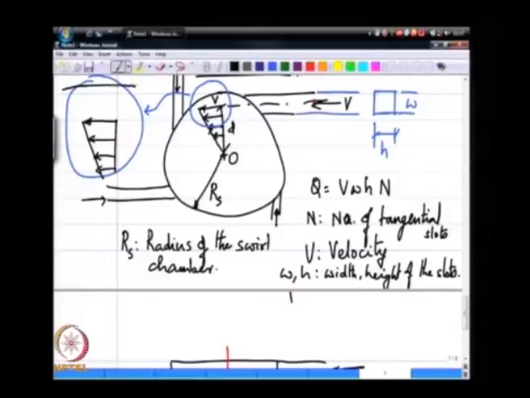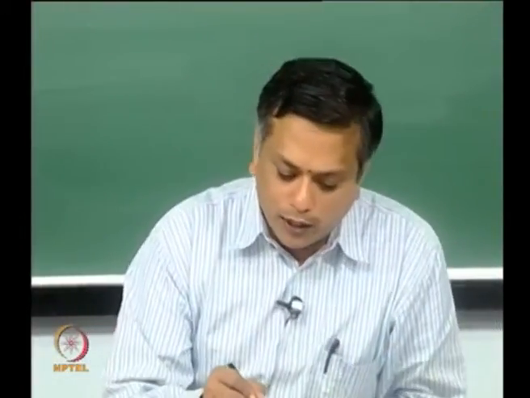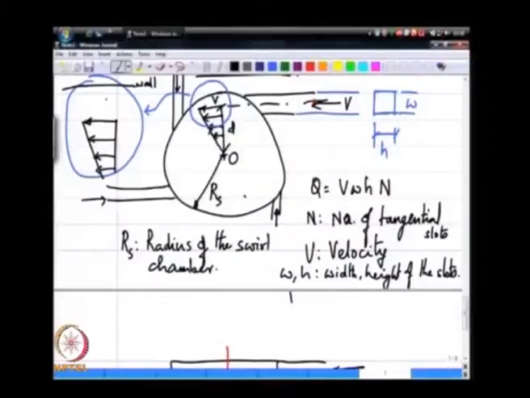So, this is the wall of the swirl chamber. Now, from this point where you have this tangential slot coming in, you can imagine an invisible rod that is spinning at an angular velocity V over d. So, as far as this part of the fluid is concerned, it is being driven by a rod of diameter 2d or radius d that is spinning with an angular velocity V over d.